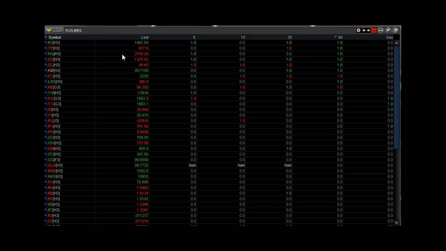Now here are all the various futures contracts, and you can see we're in a volatility squeeze on the 60-minute time frame. Potential to the upside is in green, and that's for the S&P futures, the Russell 2000, NASDAQ 100. You can see all the different contracts here, and I can shift to the 30-minute to see everything in a 30-minute squeeze, and so forth.